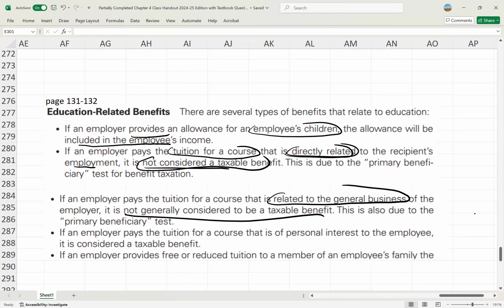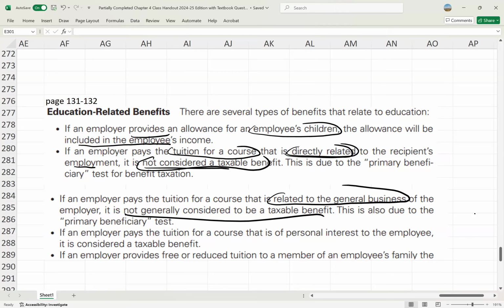Can I take some general business courses and then eventually get my BBA and then pursue my CPA designation? Those business courses may not be directly related to the CPA's business, but are related to the general business. It's still operating as a business. And so business courses would be related to the operations of the CPA firm.